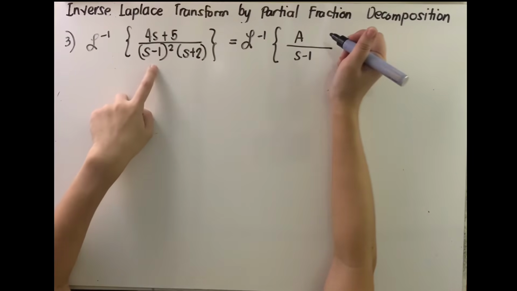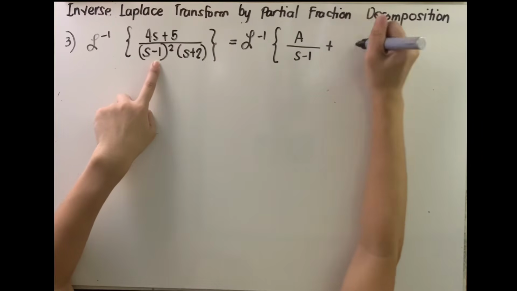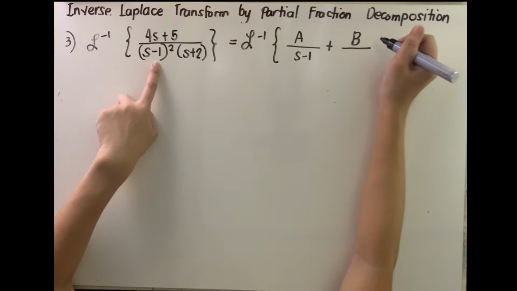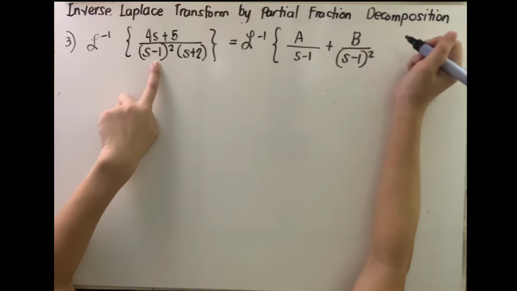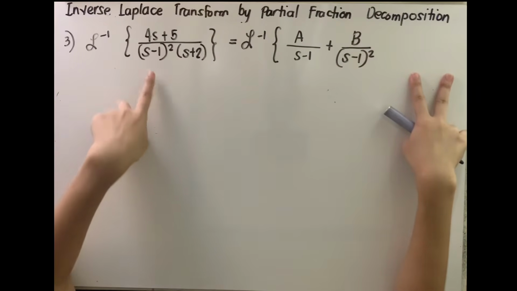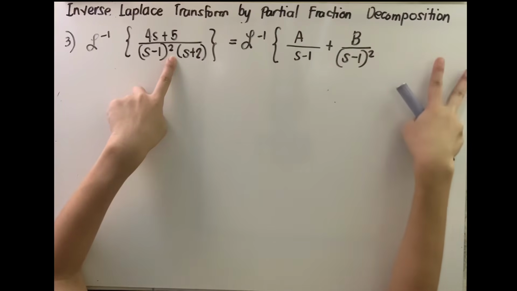Kasi dalawang S minus 1 to, diba? So, kuha ka ng isa. And then, it will be followed by another partial fraction, let's say B. Tapos, yung denominator niya, from S minus 1, magiging squared na. Increasing, hanggang sa maabot mo kung ilan ito. So, halimbawa, if this is S minus 1 to the 4th, magkakaroon ka ng hanggang D dito.